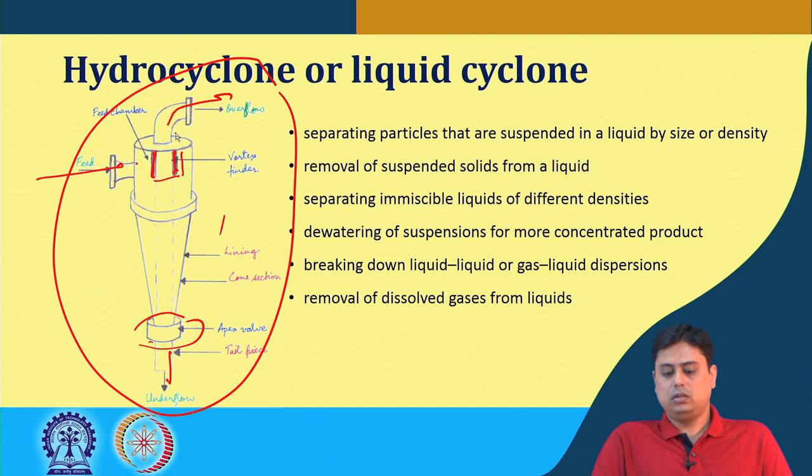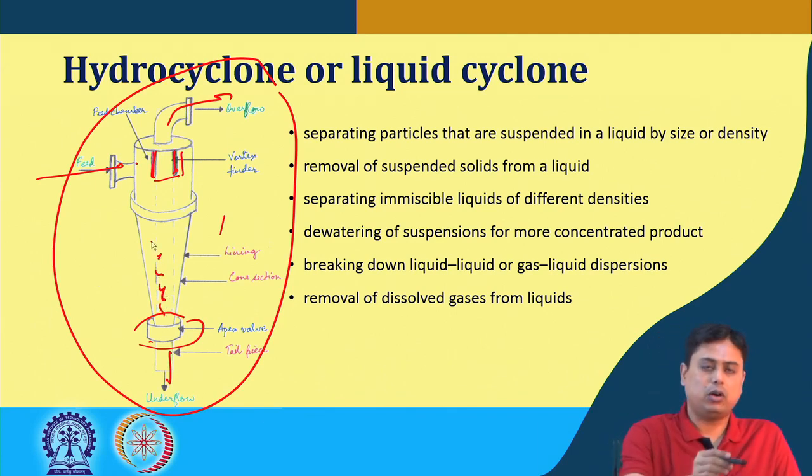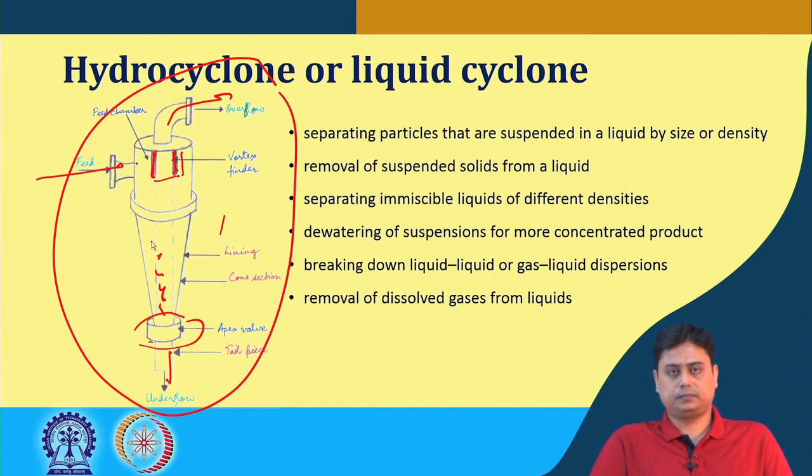It is also sometimes used in the removal of dissolved gases from the liquid. In that case, the gas phase creates the inner vortex and it escapes. So these are the applications, and the design considerations and all the calculations remain the same as for the gas cyclone separators.